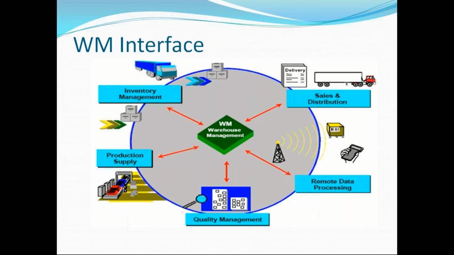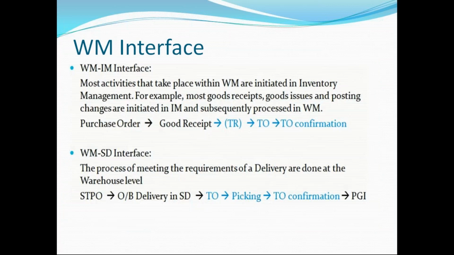That is how WM is linked with quality management. In the outbound process also, material picked from WM will be moved to the quality management module to check its quality, and once it passes, it will move on to the production planning department or to the external company.